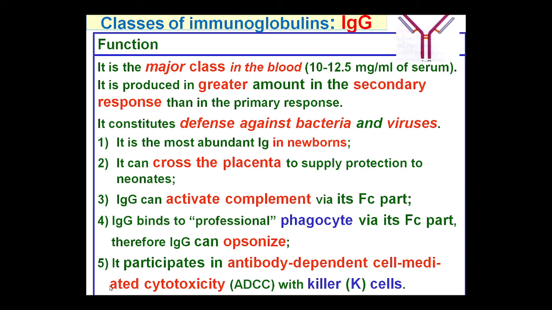Antibody-dependent cell-mediated cytotoxicity. This cytotoxicity is realized by natural killer cells. You know that the natural killer cell is a cell of the innate immunity. This is a lymphocyte-like cell that cannot engulf foreign materials.